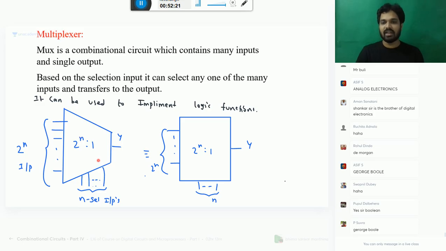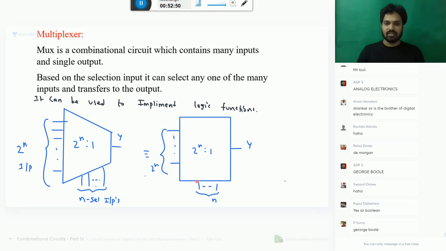The selection line is the one that will select your input line to give it to the output. Because here you have, say for example, 16 lines. Out of these 16, whom you want to pick and connect to the output is done by this selection.